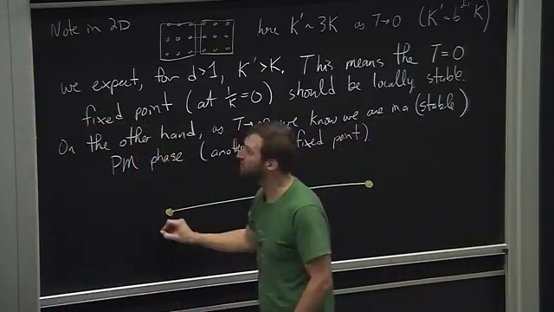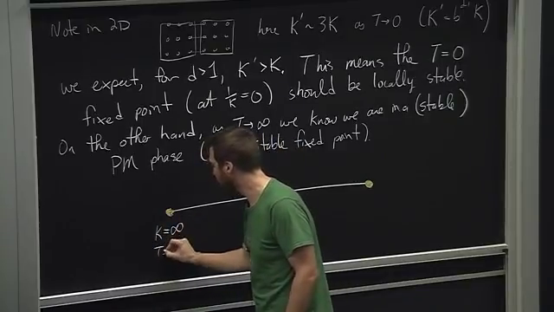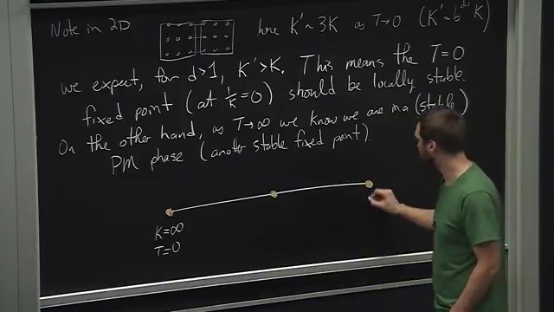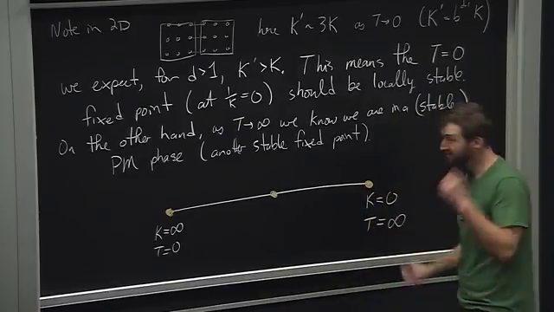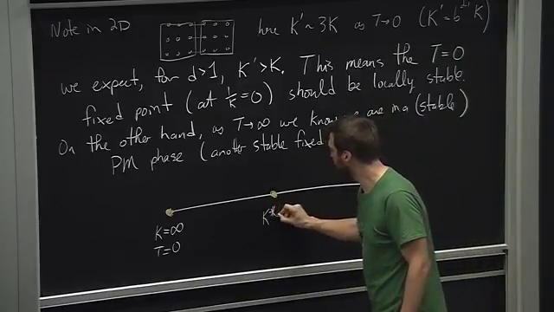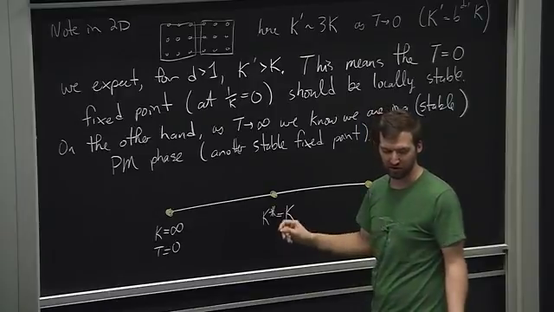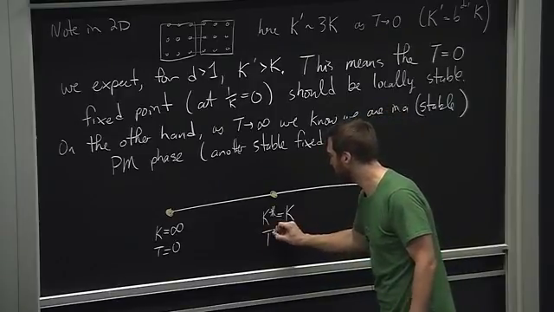Okay, so this is K equals infinity, T equals 0. This is K equals 0, T equals infinity. And the intermediate one is just some K star equals K, or T equals T star.